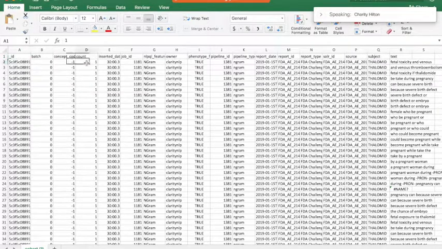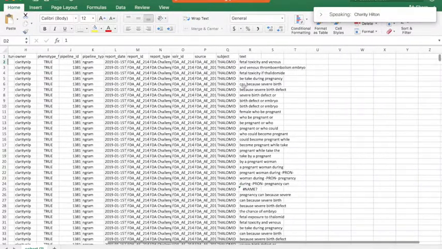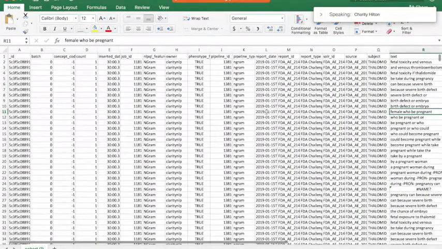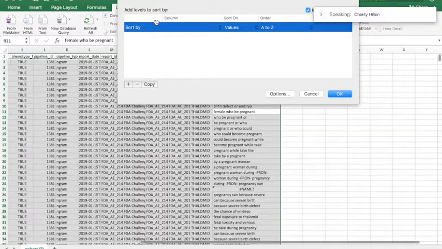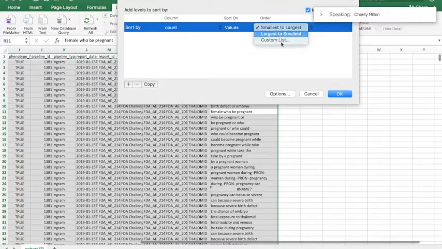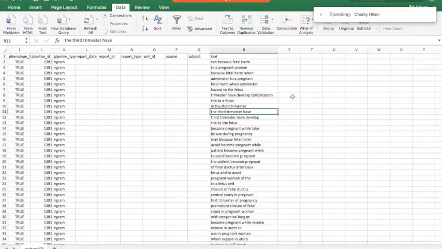Clarity gives you a count for each pattern, so we can find common patterns to help us find risk associated with pregnancy in these drug labels. So let's sort by count, largest to smallest.